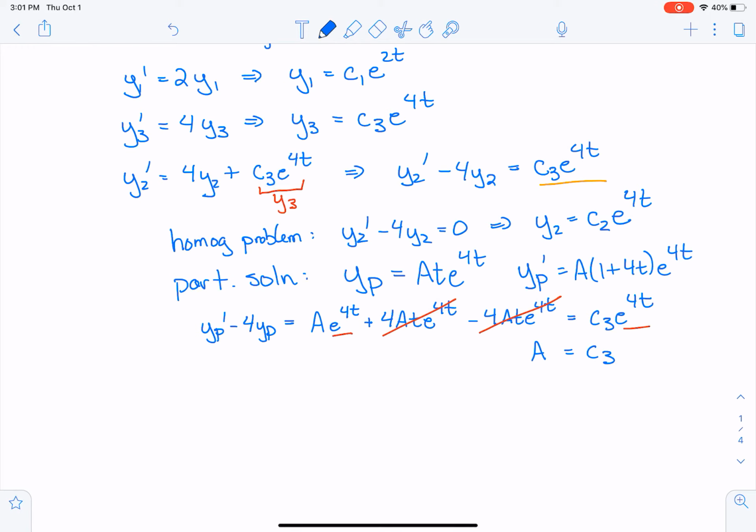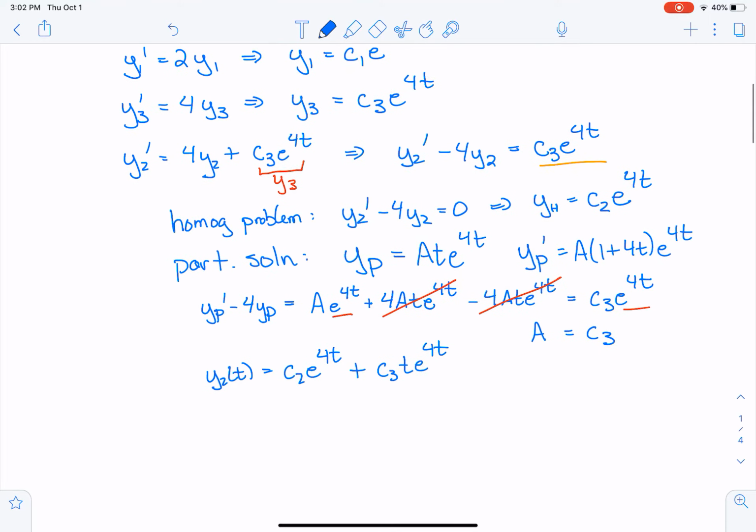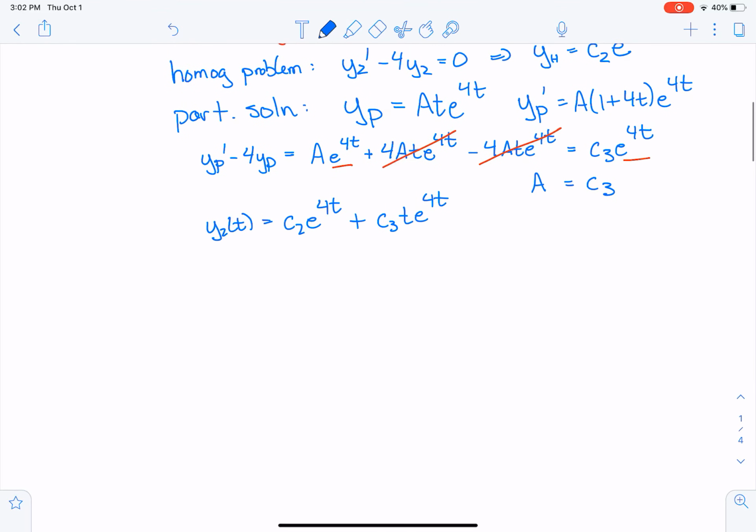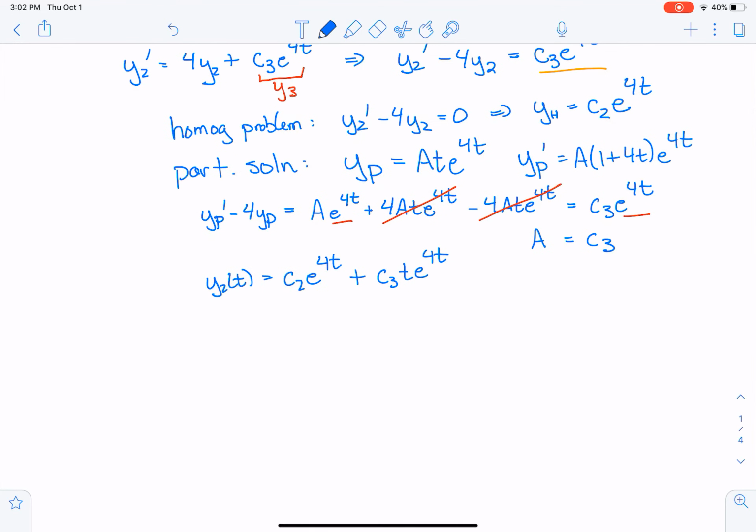So my solution, which I probably shouldn't have called y2, I should have called yh for the homogeneous solution, is c2 e to the 4t plus, with a equal to c3, c3 t e to the 4t. Now I can write down the full solution to this problem, which I'm going to call capital Y of t.